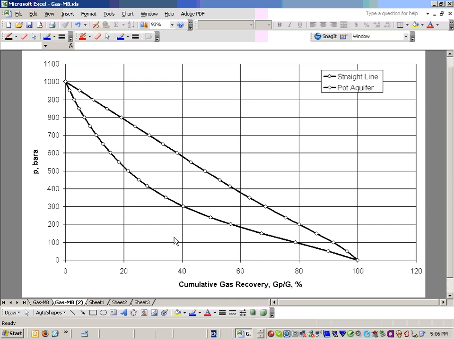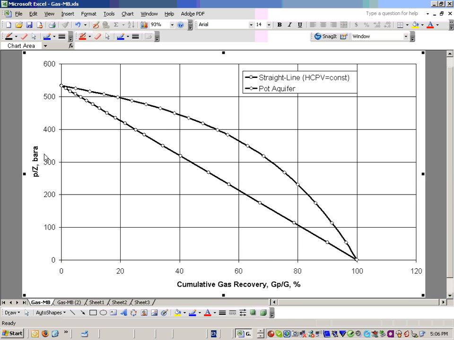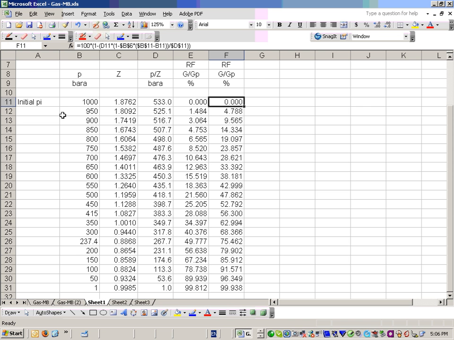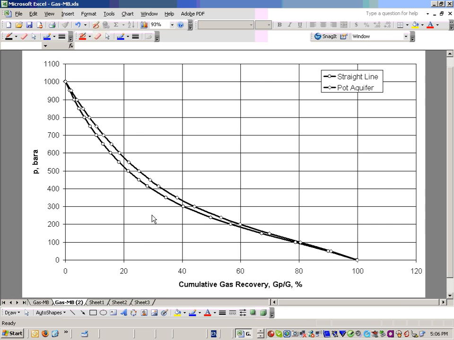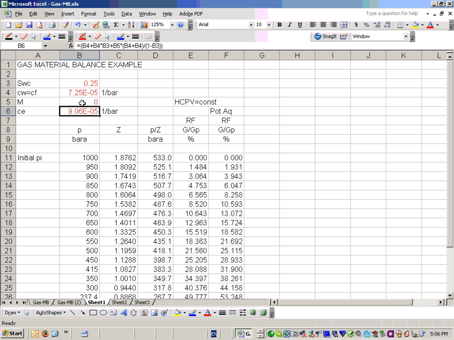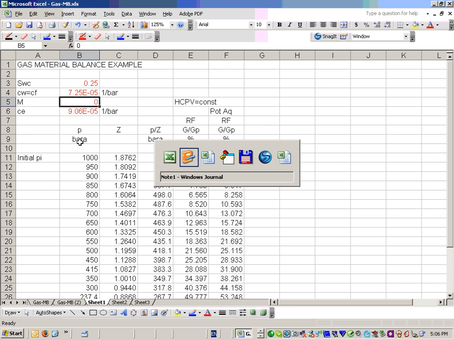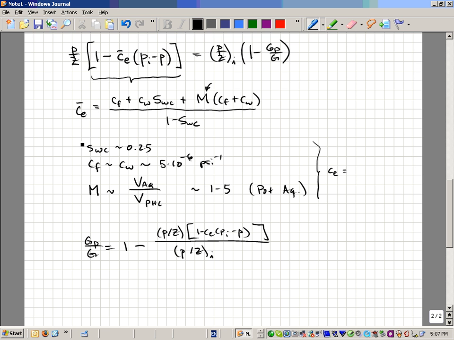Of course, if we change the amount of water that's in the system, this number here, if we change it to 0, meaning that we have no associated water, the two curves should be basically identical. Why they're not, I'm not sure. Oh, that's because according to the equation here, even though m is 0, we still have the rock and connate water compressibility.